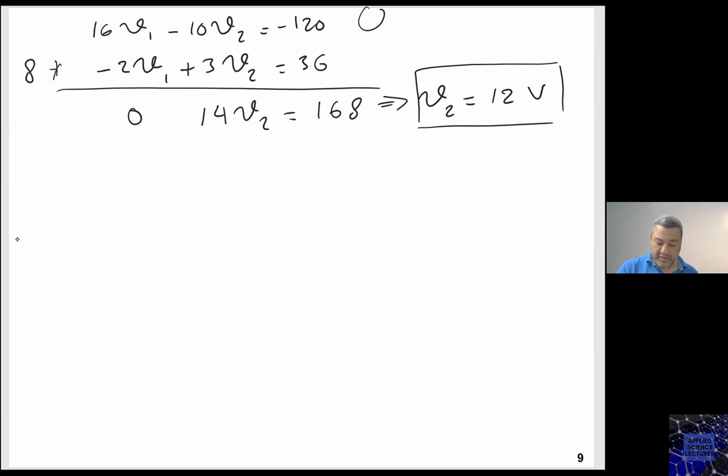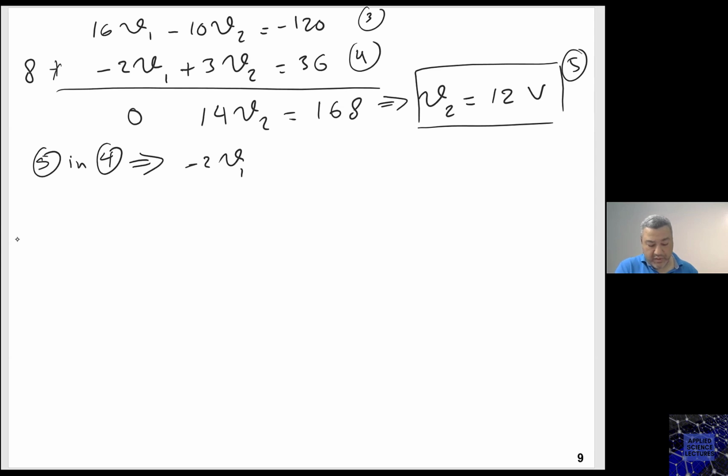So this is 5, 3, 4. So 5 and 4 is going to be minus 2V1 plus 3 times 12 equals 36.